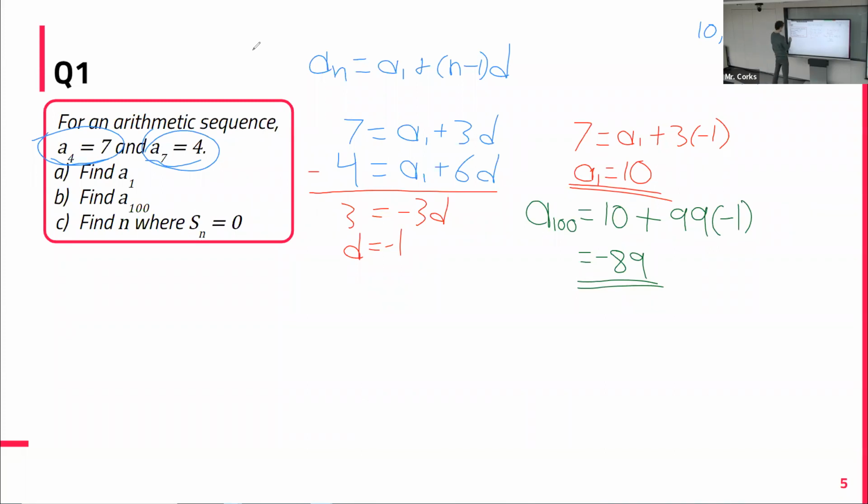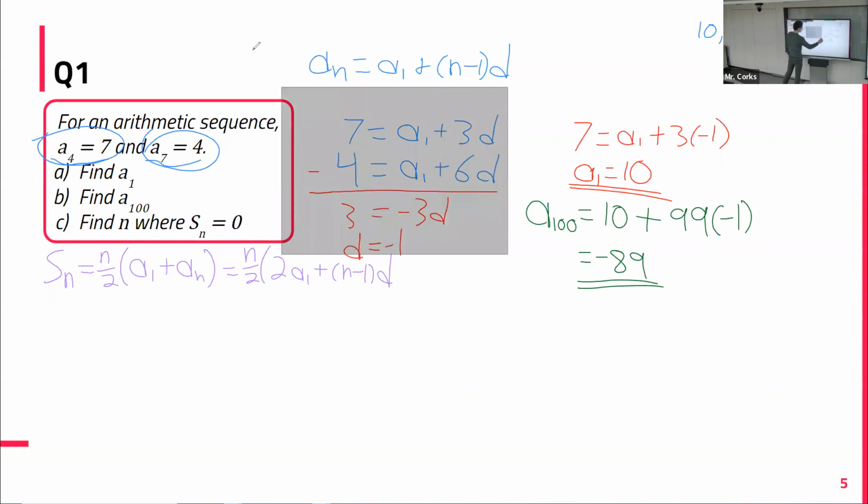Okay, so we have our formula for the partial sum, n over 2, a1 plus an, or we have the other formula, which was n over 2 times 2a1 plus n minus 1 d.